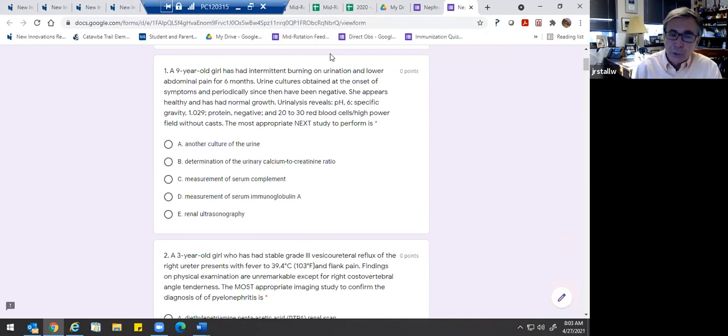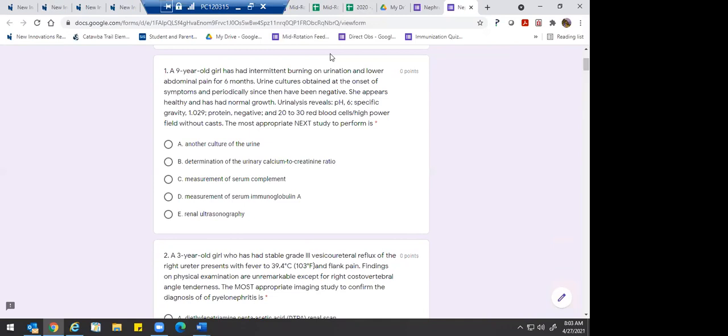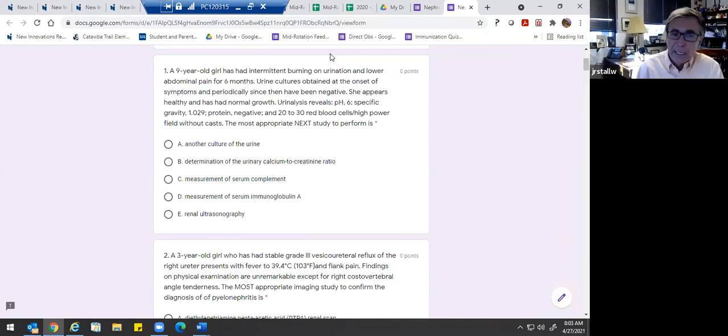B is the right answer. We'll come right back to it. Serum complement: for that to be the right answer, all things considered, you would need to have protein in the urine. And the fact that protein is not there would make complement levels more than likely not the next study to perform. Measurement of serum immunoglobulin A. Well, really, what's behind the curtain on that particular answer?